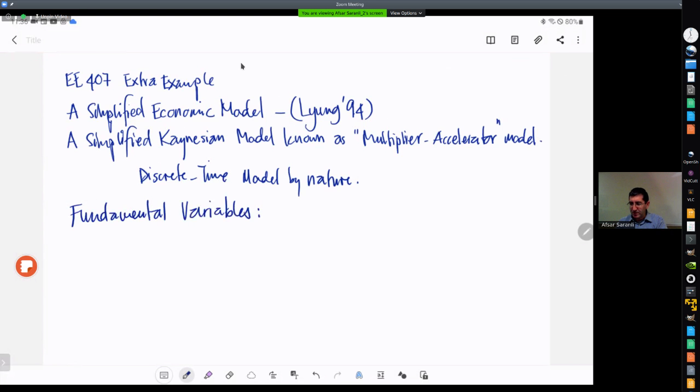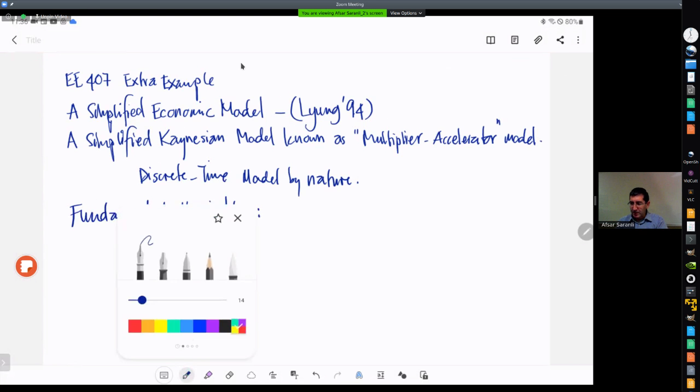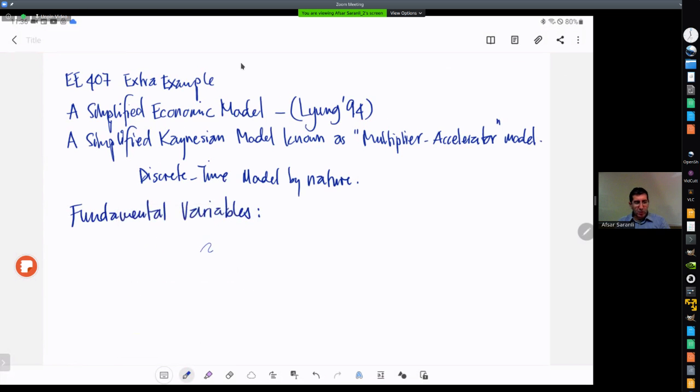So we have y of k. k is the discrete time variable here. This is the GNP, or gross national product. What is that?